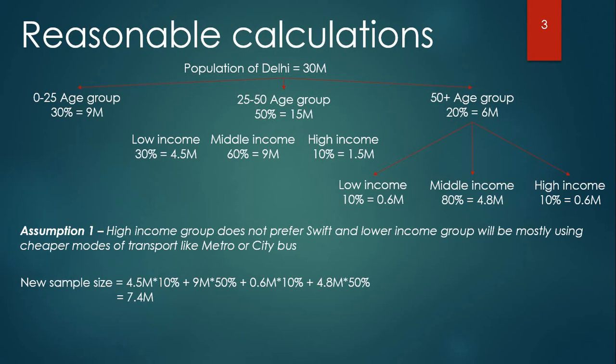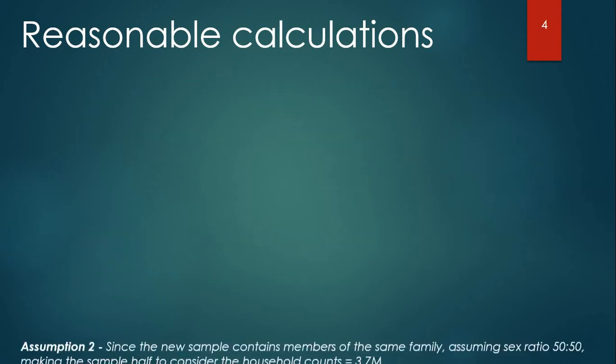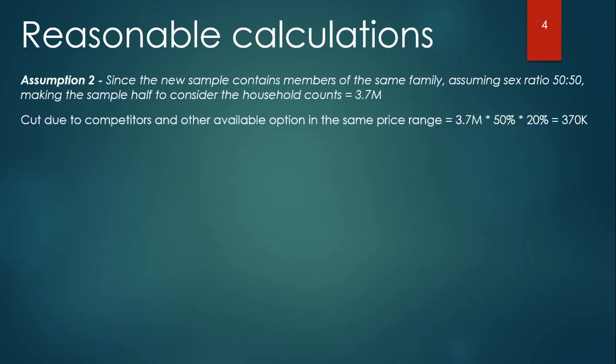These are separate individual counts, which can be counted twice if you consider the households. So in this case we are dividing it by two to basically get the household counts, which gives me a sample of 3.7 million.